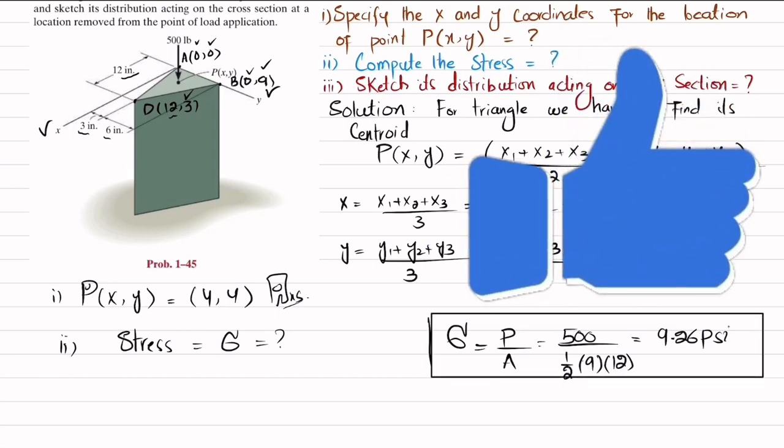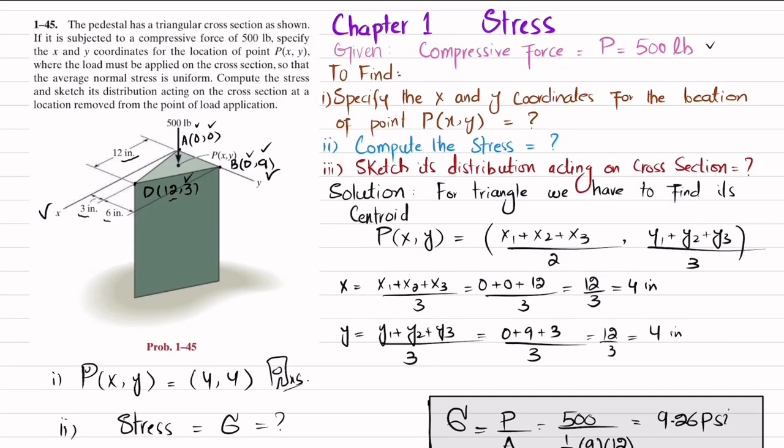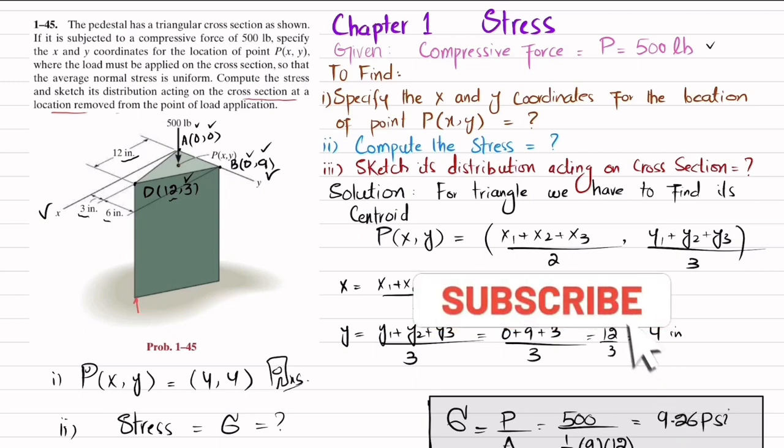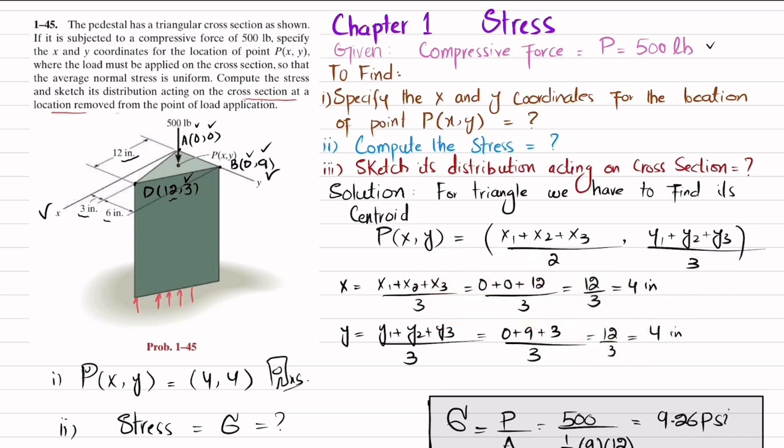Now in the third part, we have been asked to find the distribution sketch. We have to sketch the stress acting on the cross section at a location removed from the point of application. So its stress distribution will be like this. As the load is compressive, the load will be like this.